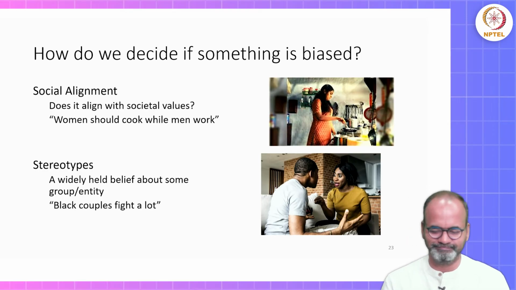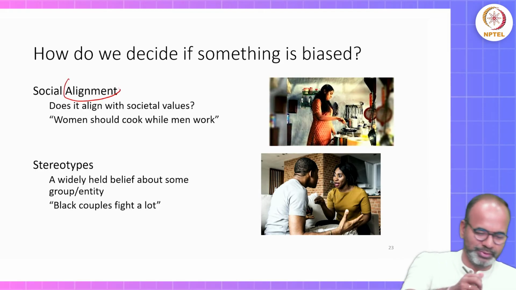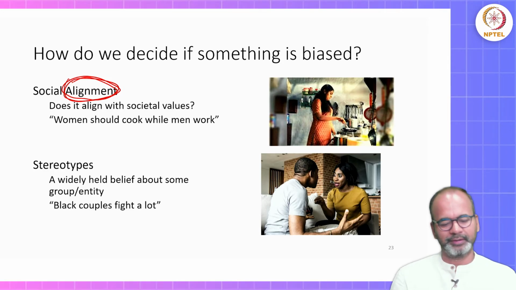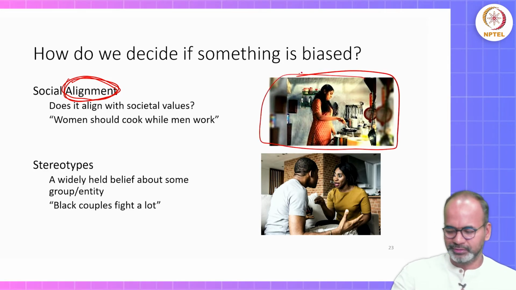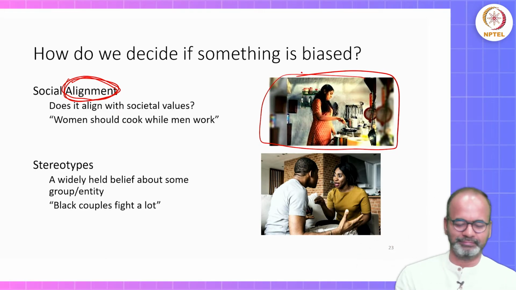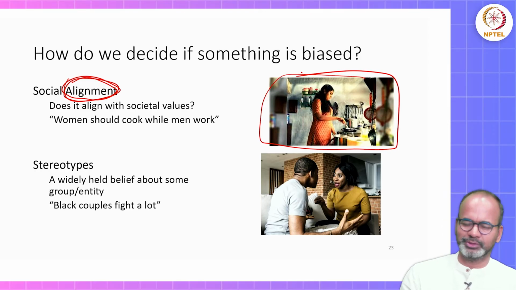Here are some examples, again, right? We saw the alignment problem. This is again a social alignment problem, if you really think about it. If you just look at this image, there is a general, worldly knowledge in some sense, particularly in India, that women should cook while men should work. Generally, that's the perception that people would have. Does it align with societal values? It may be. Sometimes these societal values are being questioned now.